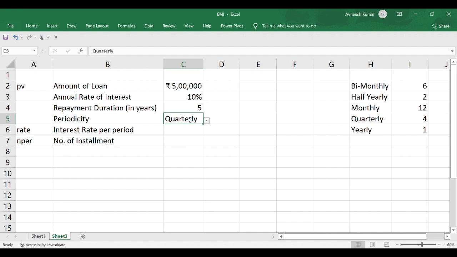So when a user chooses quarterly, we want this to be calculated automatically here, and that we can do by using a VLOOKUP function. And so we choose by what factor we want to multiply it. Just enter a factor here, and this cell would show some output using VLOOKUP function.